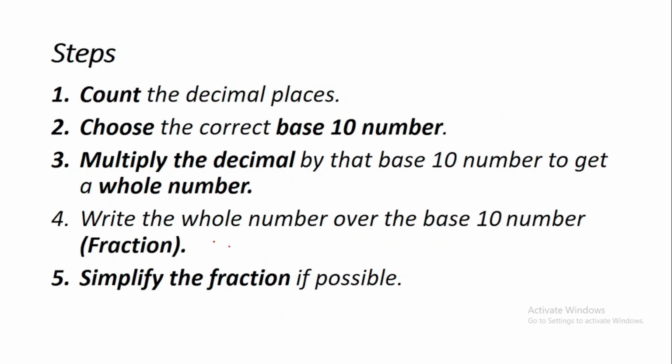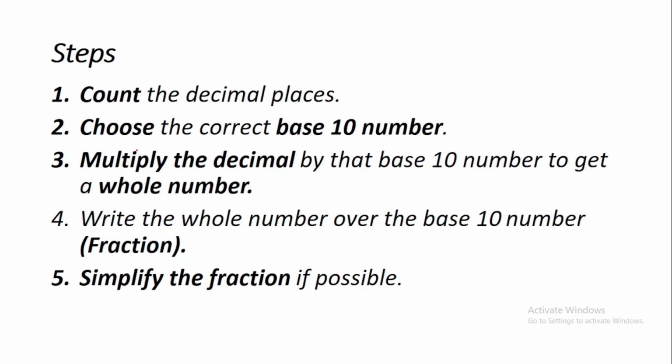So these are the steps. First, count decimal places, and I did. For the first example, I ensured that it had 1 decimal place. We choose the base 10 number based on the decimal place. Because it was 1 decimal place, I multiplied by just 10, because the number of decimal places tells you the amount of zeros in that base 10 number.